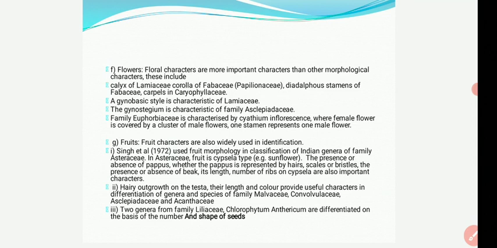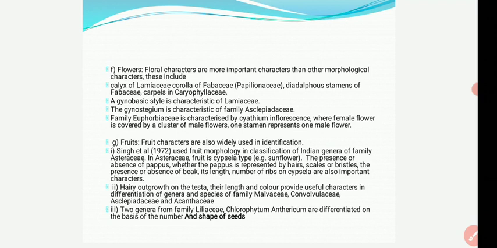Two genera from family Liliaceae, Chlorophytum and Anthericum, are differentiated on the basis of the number and shape of the seeds. So these are the different morphological characters of different plant parts utilized for classification of plants.